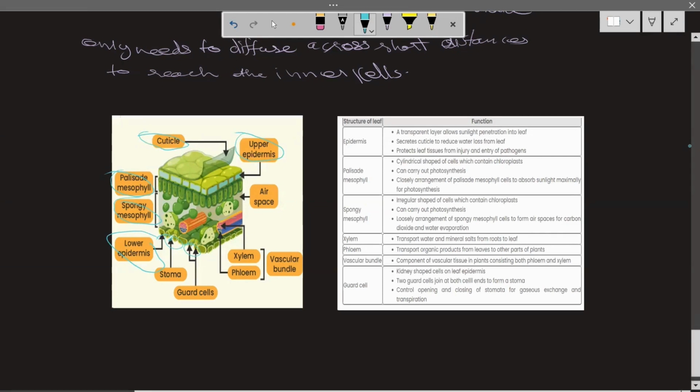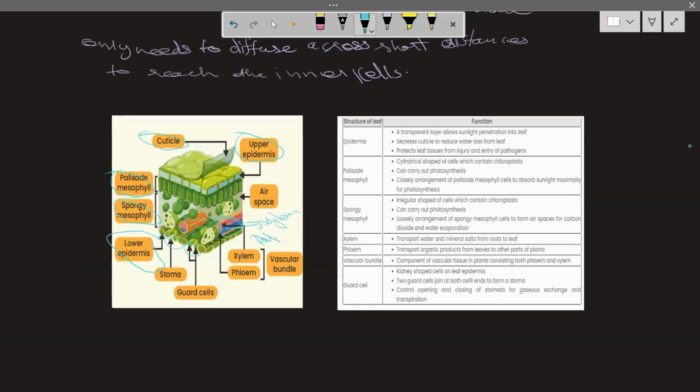There is also a vascular bundle, and in this vascular bundle there are xylem and phloem. And in the spongy mesophyll there are air spaces, as you can see. So what is the function of these parts? Let me tell you.